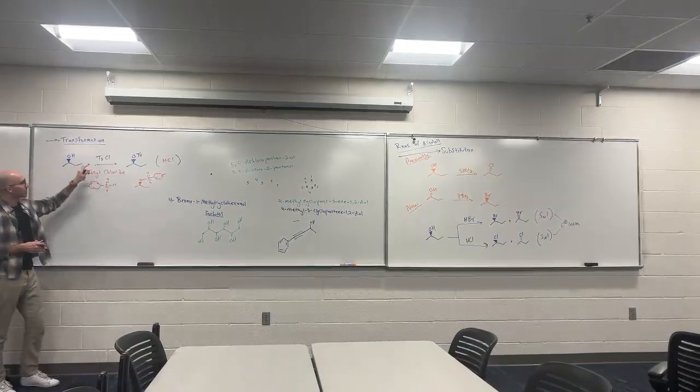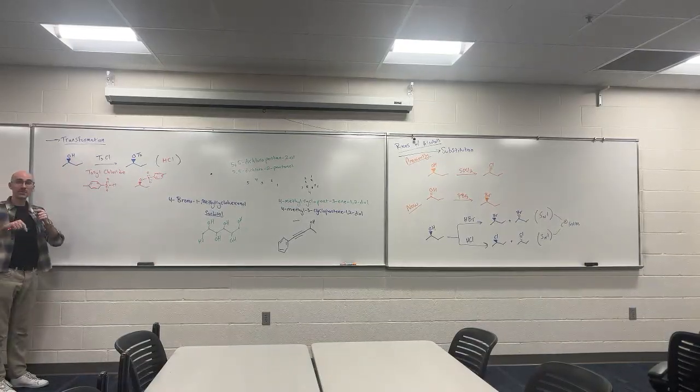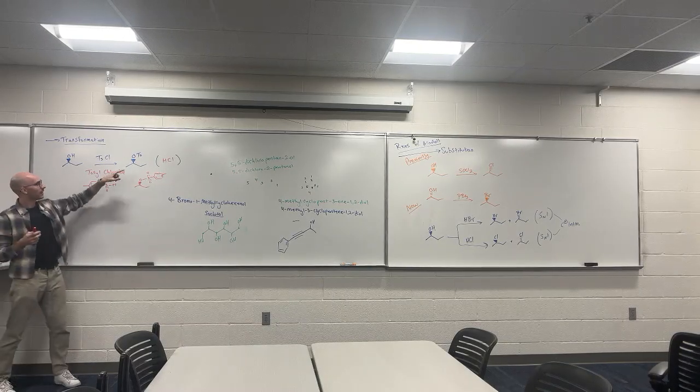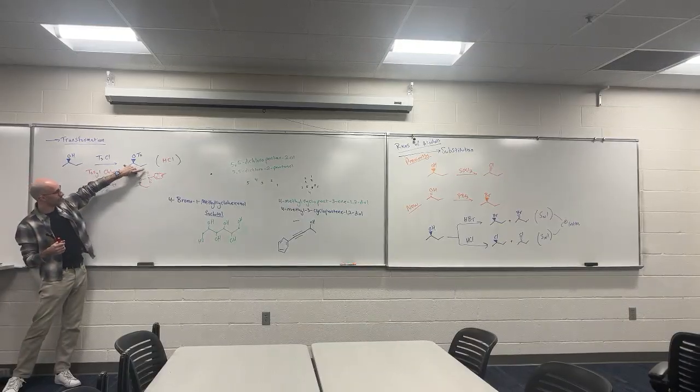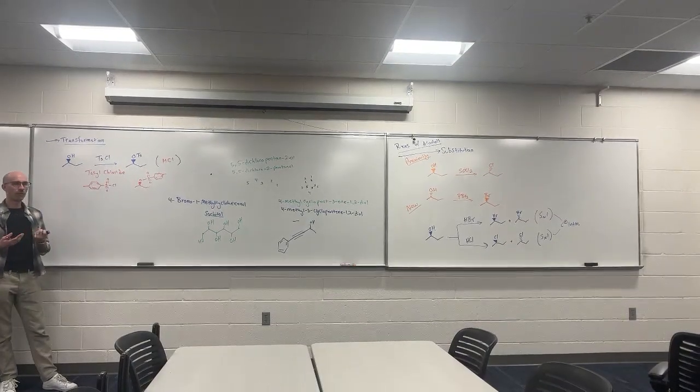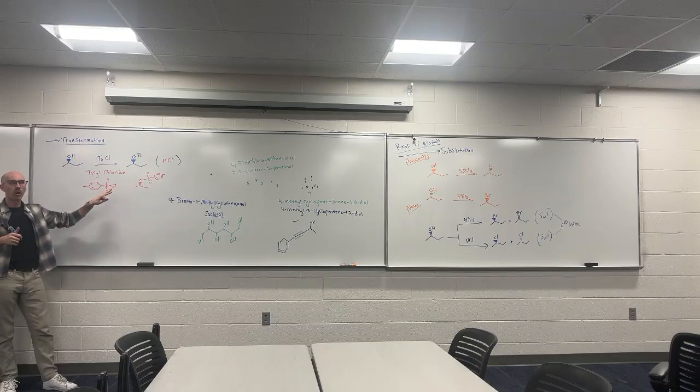And there are more than just tosyl chloride. There's also mesyl chloride and triflyl chloride. They're all called sulfonates. This sulfuric acid type motif is a sulfonate, and they behave more like halogens than alcohols do.